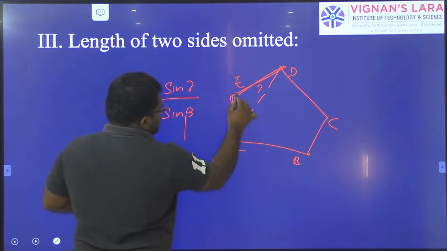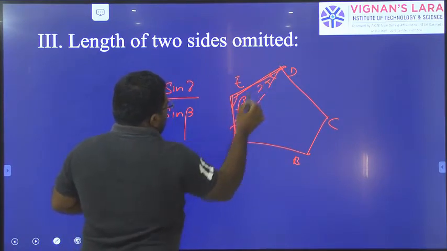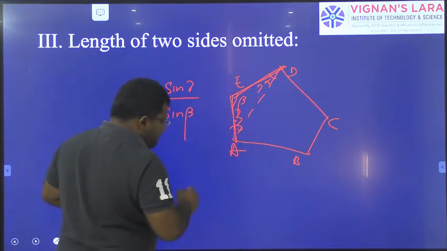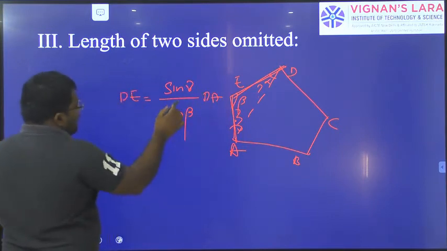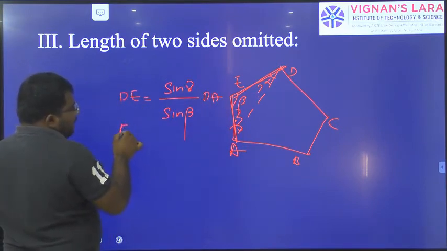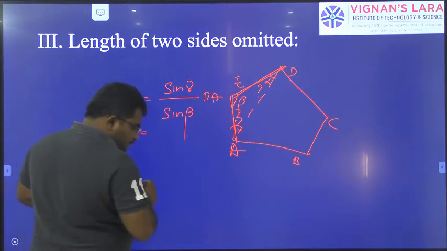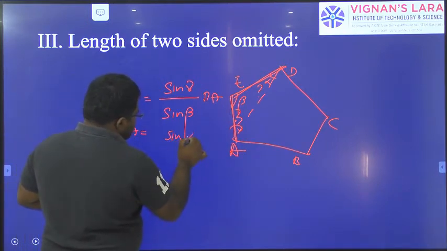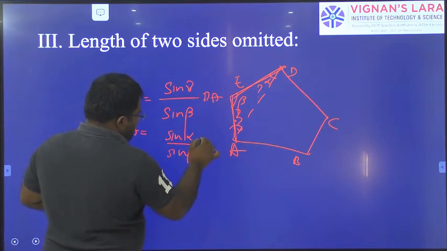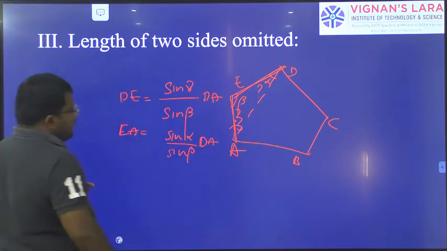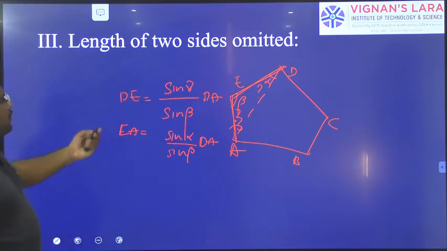This is gamma, this is beta, this is alpha, okay? From there we find sin gamma divided by sin beta into DA, and the length of EA is equal to sin alpha divided by sin beta into DA. So by using this we are going to find them.